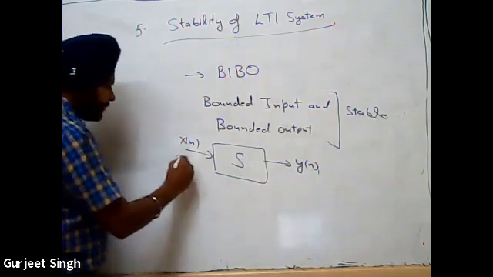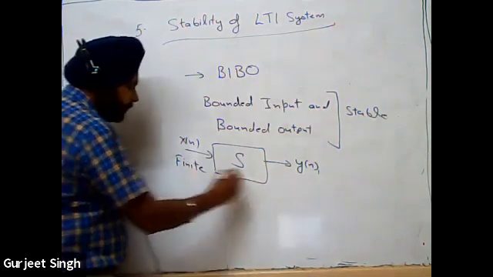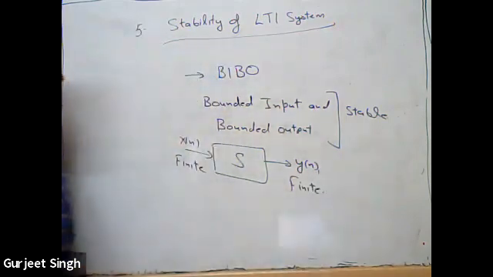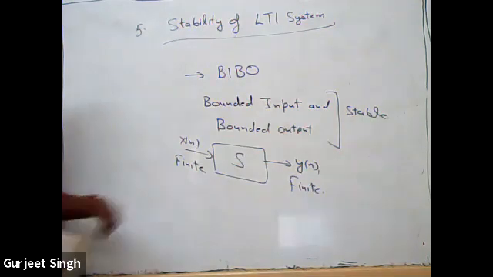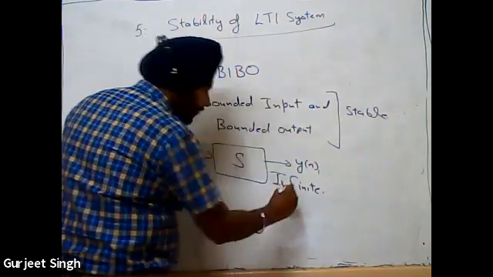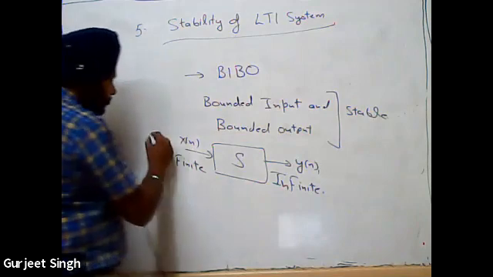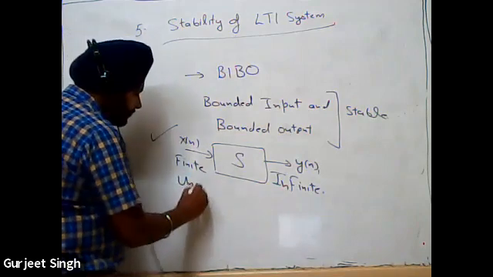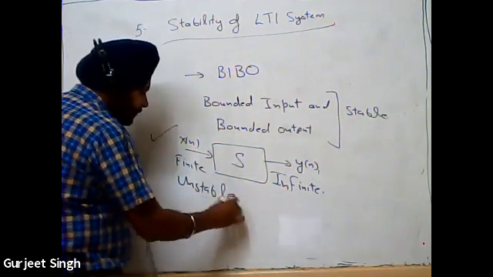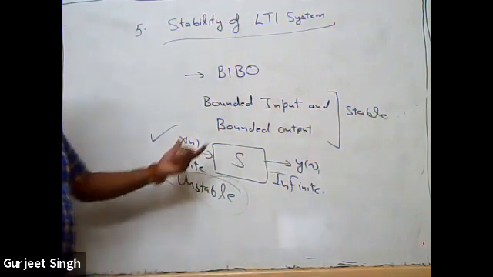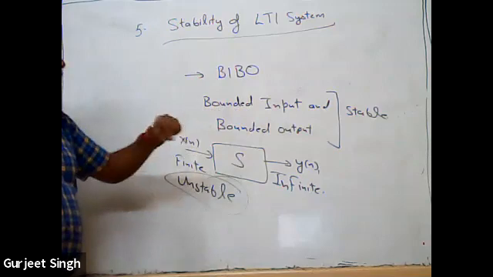But if I am giving a finite input to the system and I am getting an infinite output, then this system will become the unstable system, because it does not have bounded input and bounded output.